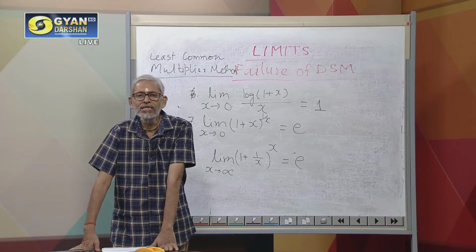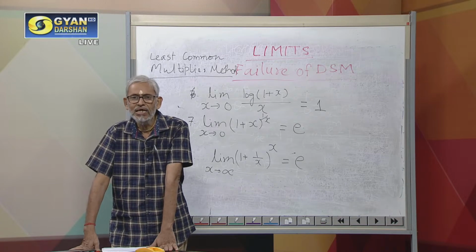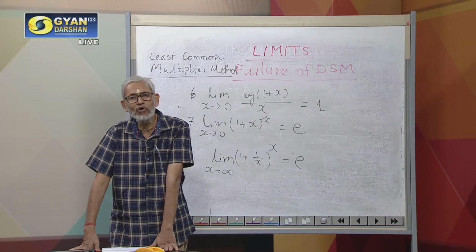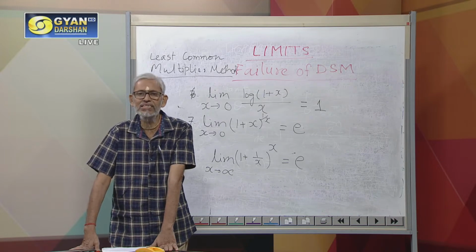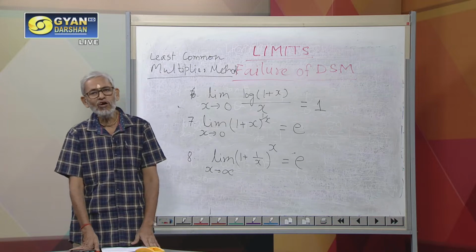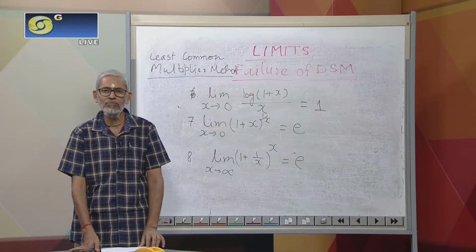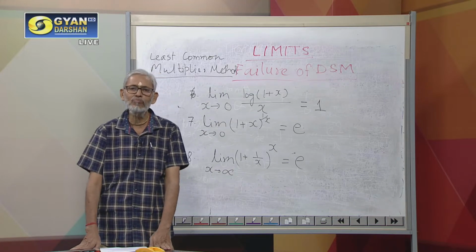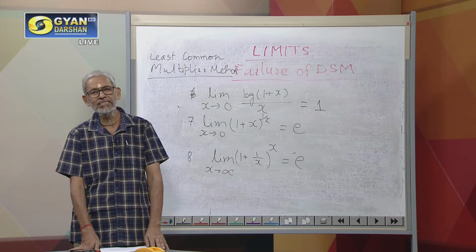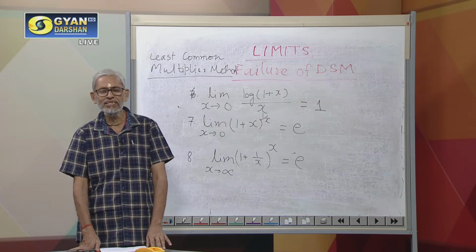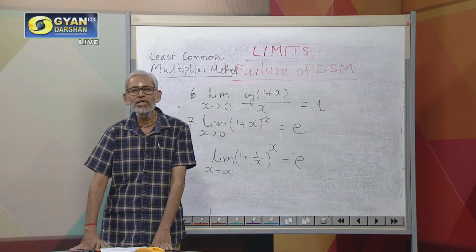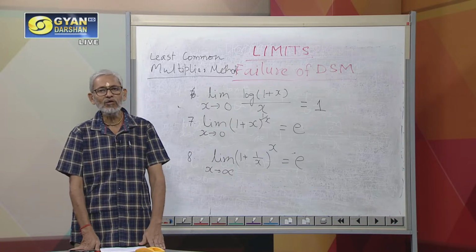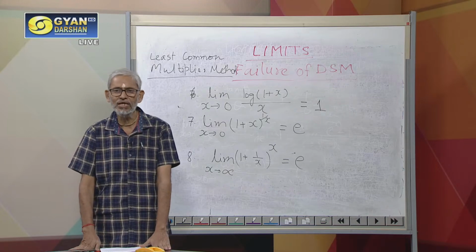First we learnt the factorization method, that in case it is coming out to be 0 by 0, and if two polynomials f(x) and g(x) are there, then if the values f(a) and g(a) are both coming out to be 0, it means that x minus a will be a factor of both f(x) and g(x). So, we factorize it and cancel out the factor x minus a from both numerator and denominator, and then we can find the result.